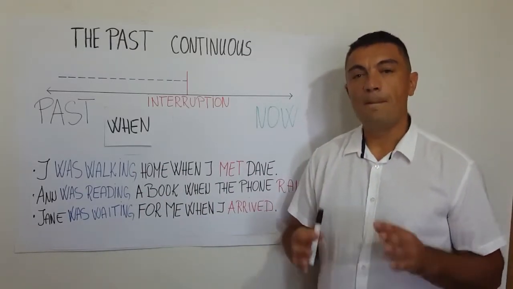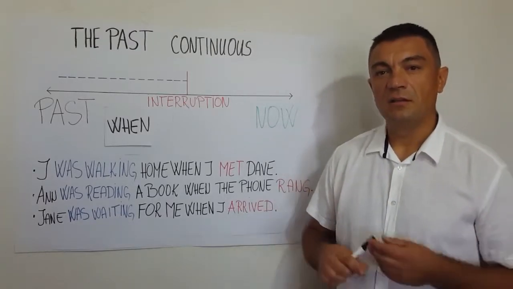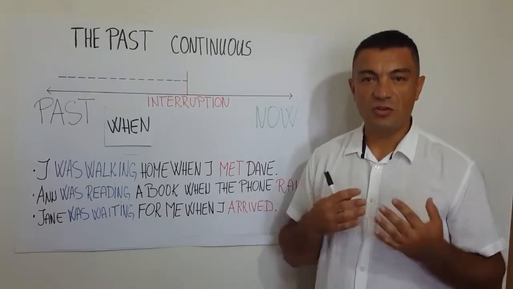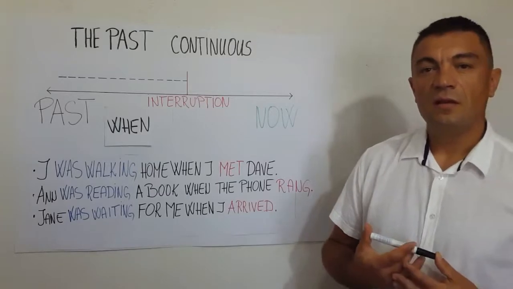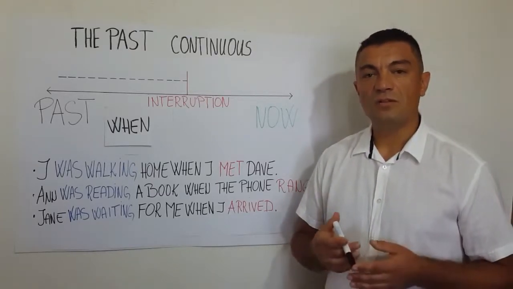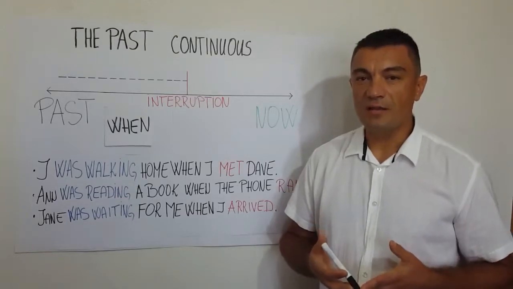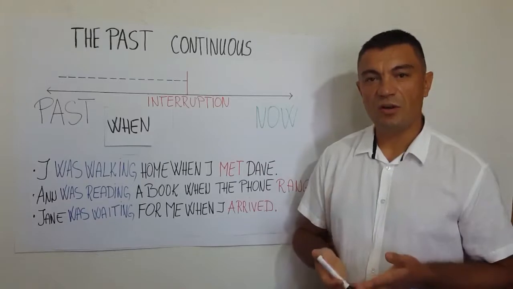Was reading, a past action that was in progress. Rang, past simple action which represents an interruption. Jane was waiting for me when I arrived. Was waiting, an action that was in progress in the past. Arrived, a past simple action that represents an interruption.